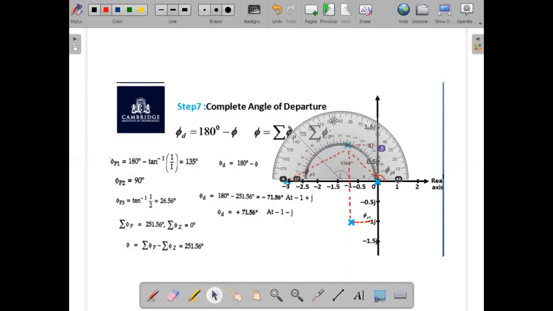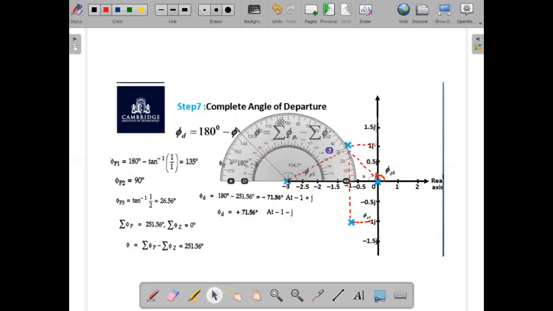Similarly, the angle of contribution for the pole at s equal to minus 3 towards the complex pole under consideration, making use of the formula, we have calculated as 26.56. Using the protractor, this angle is around 26.8 towards the contribution of this pole. So both are one and the same, phi p3.